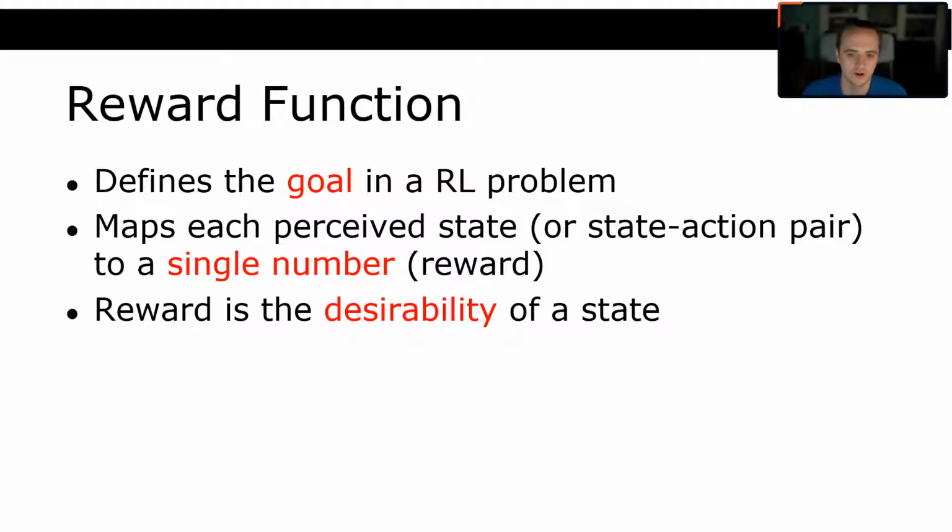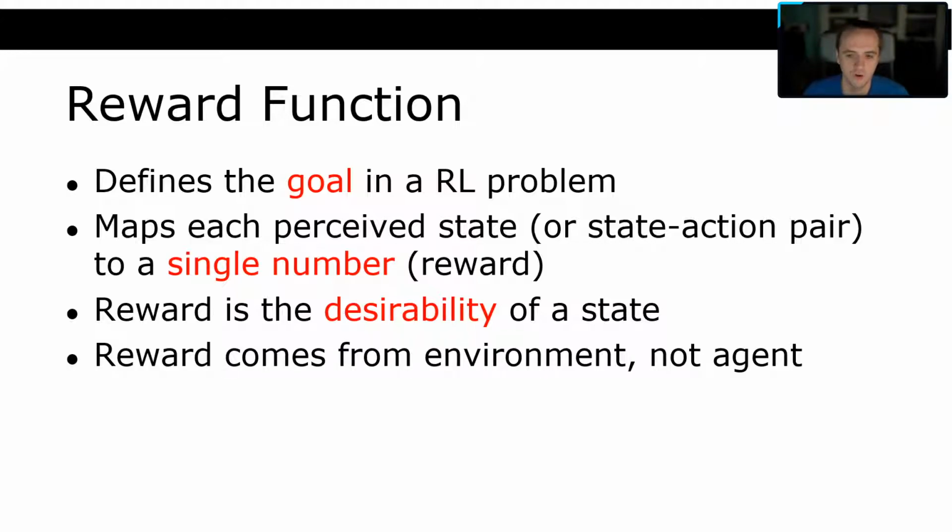So the reward is sort of the desirability of a state, okay? Or it's actually the desirability of an action at a state. The reward comes from the environment, not the agent. So the agent is not producing its own rewards. If it did, then it could just magically produce rewards out of nowhere. It comes out of the environment.